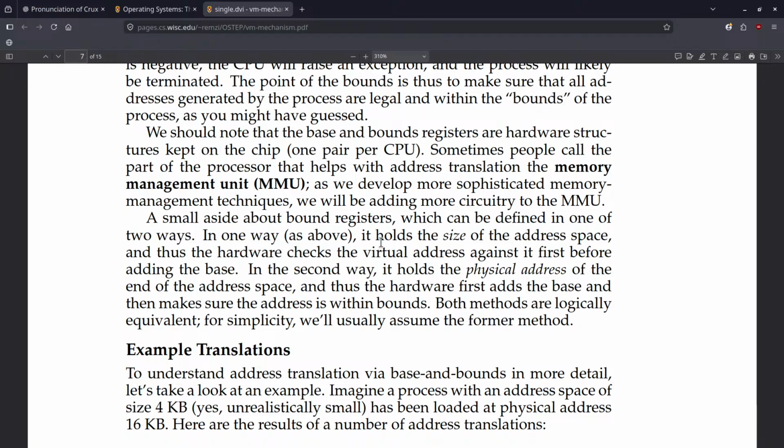The second way, it holds the physical address of the end of the address space, and thus the hardware first adds the base and then makes sure the address is within bounds. Both methods are logically equivalent. For simplicity, we'll assume the former method.